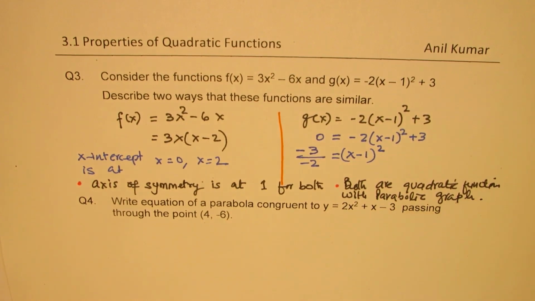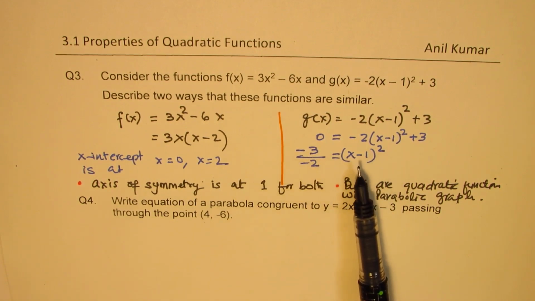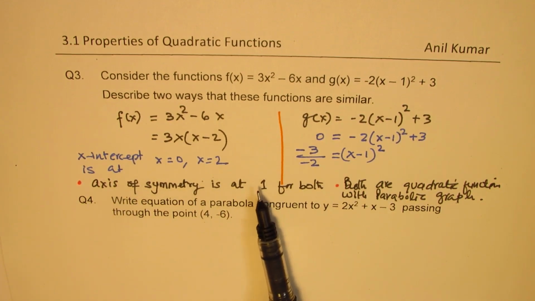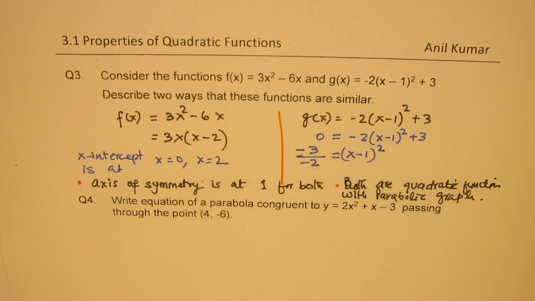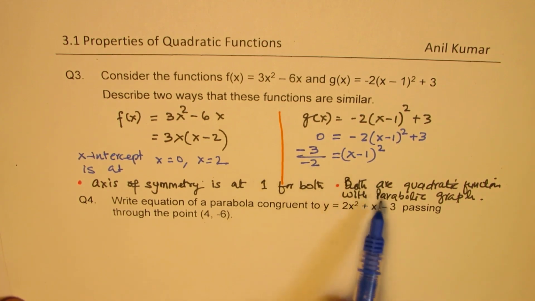So that is the other thing which we can say is common between them, right? So we do have the axis which is at 1, which is common, right? And the other thing which is common is that both represent a quadratic function and their graph will be a parabola, right? So sometimes questions could be very tricky and to find the other may be difficult. So that is our best option.